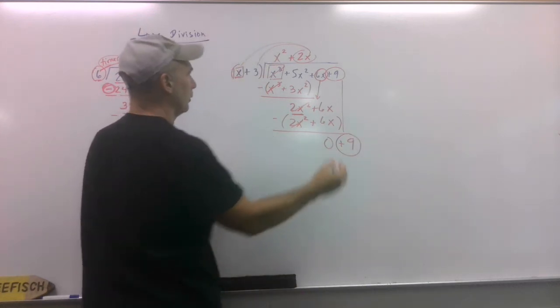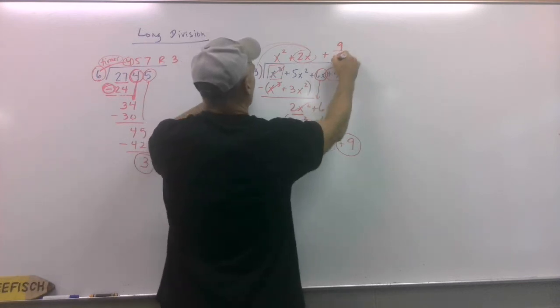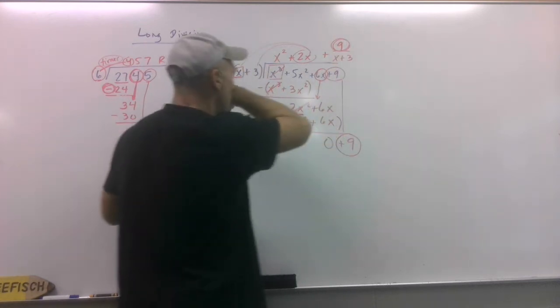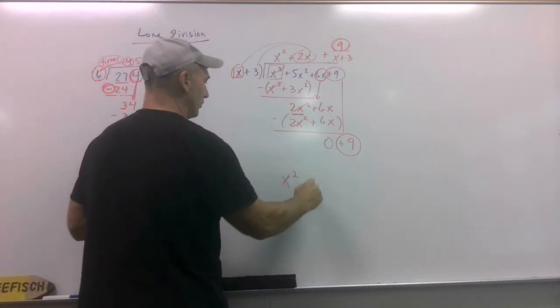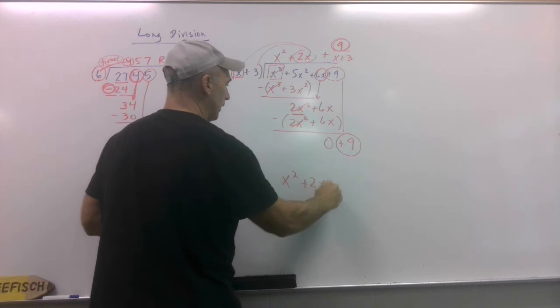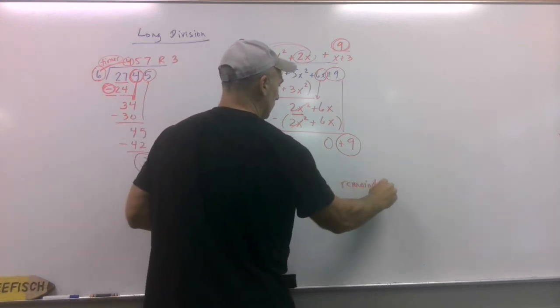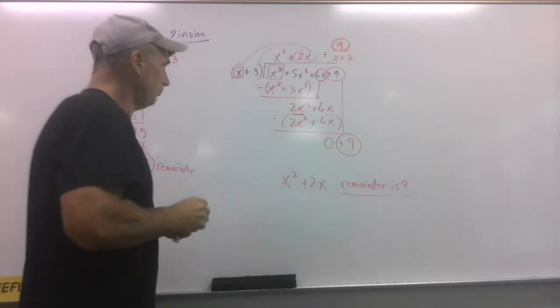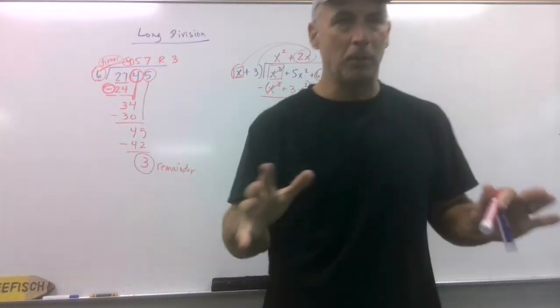Some books would have you write plus 9 over your divisor, x plus 3, indicating that this is your remainder. But I think this algebra program is going to go x squared plus 2x, and your remainder is 9.